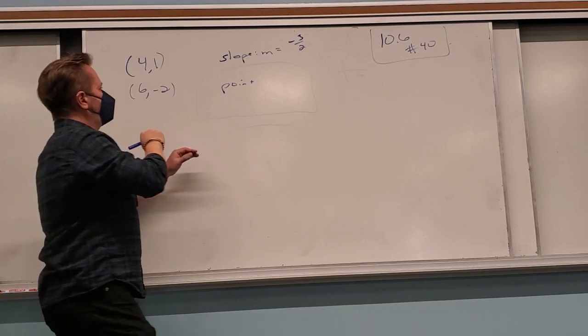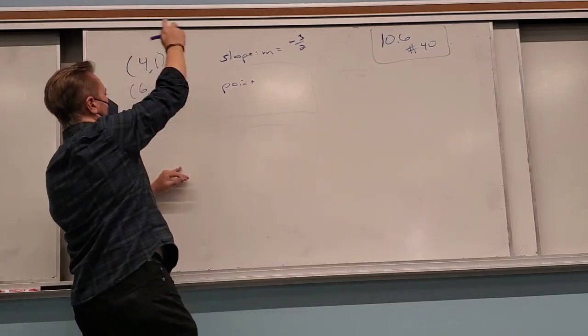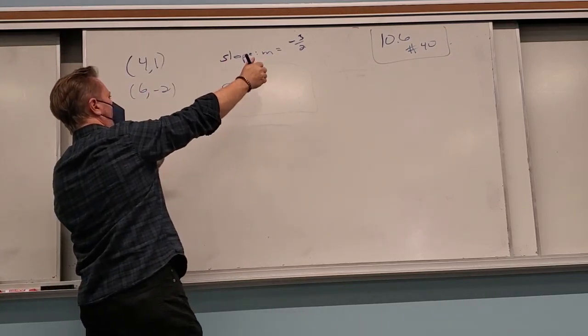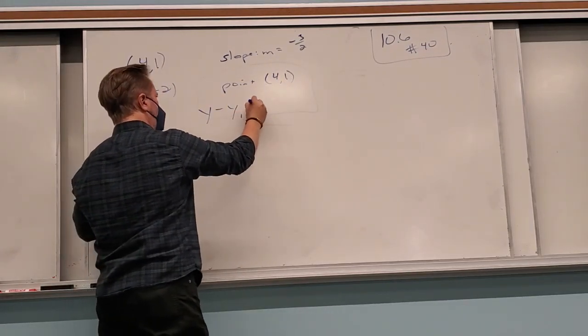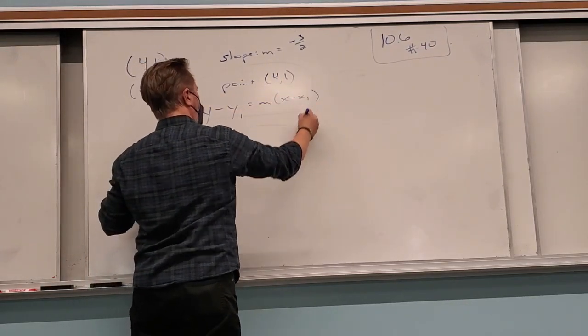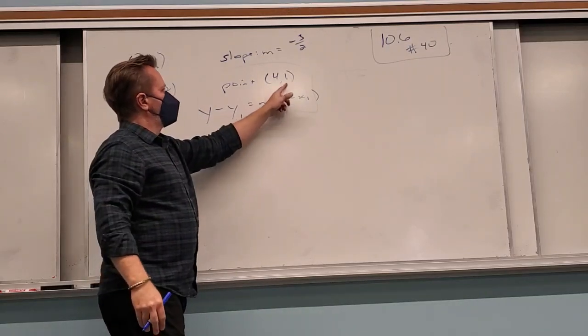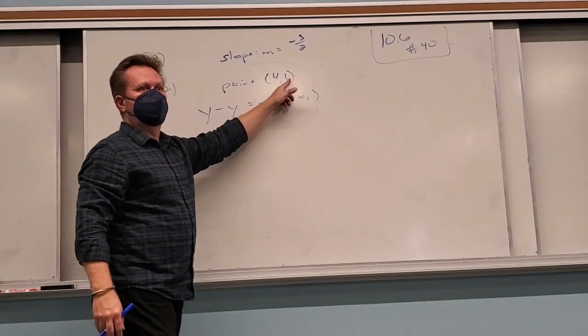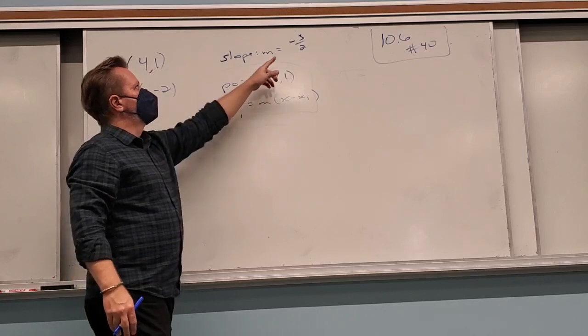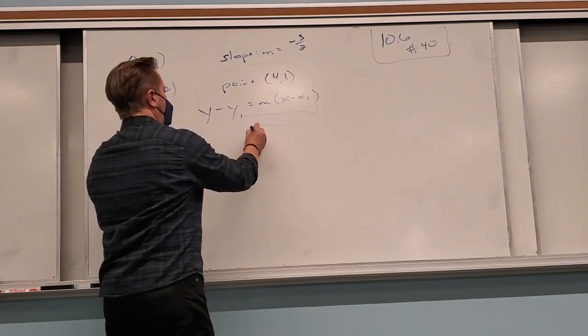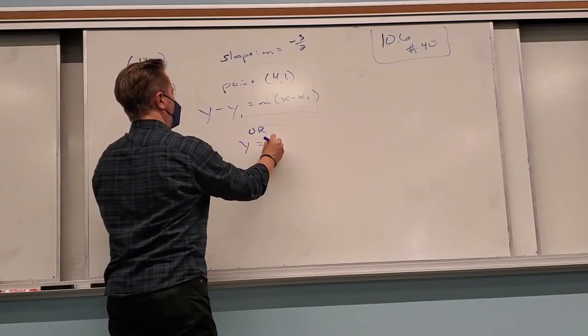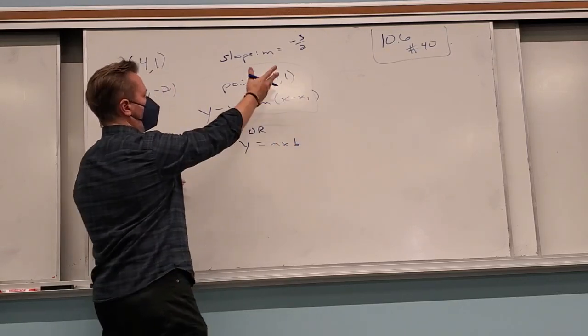Pick a point, pick either point. Which one? 4, 1, okay. Now you could do this, remember this? Where you plug 4 there because it's the x piece, 1 there because it's the y piece, -3/2, right? Or you could just plug in what you know.